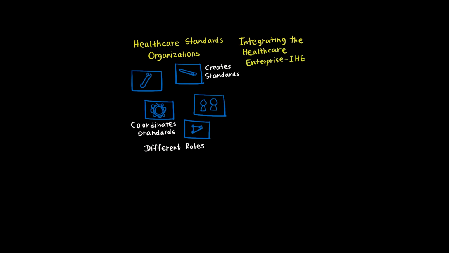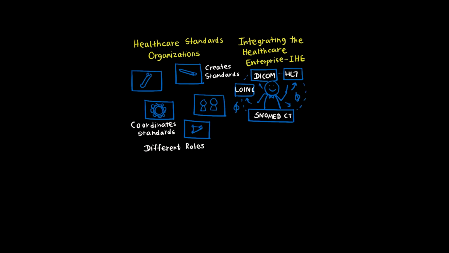Rather than developing new standards, IHE promotes the coordinated use of established standards that already exist. Think of IHE as the conductor, making sure all the different instruments, the existing standards, play together harmoniously. They develop integration profiles that show how to use HL7, DICOM, and other standards together in specific clinical scenarios.